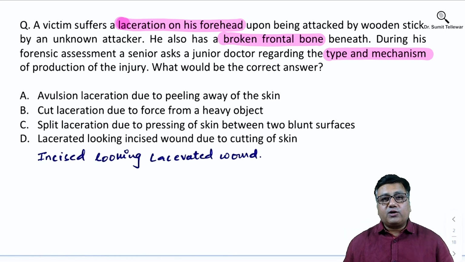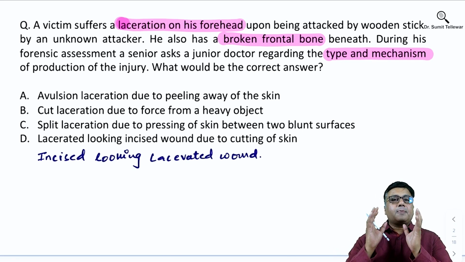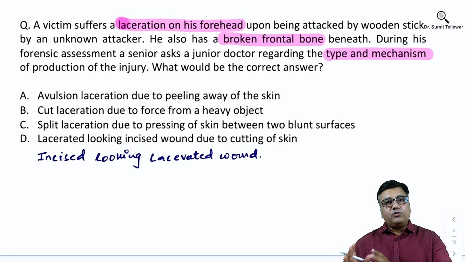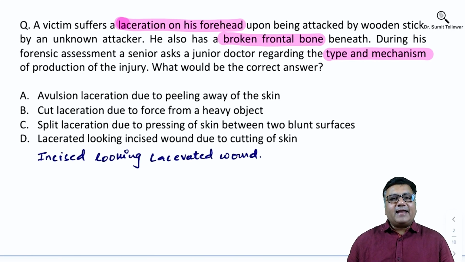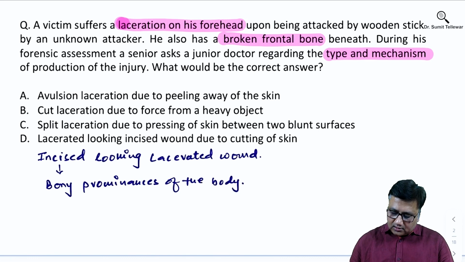But here we are talking about a concept called as incised looking lacerated wound, which means actually it's a lacerated wound, but it looks like an incised wound. These kind of wounds can be seen on bony prominences of the body.